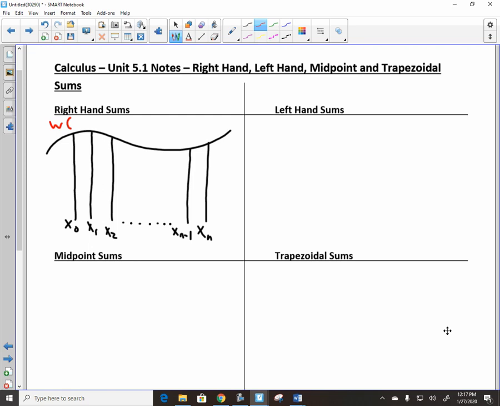If I want to find the first height, do I type in x sub 0 or x sub 1? x sub 1, we've always gone to the right, correct? So it'll be f of x sub 1 plus f of x sub 2 plus dot, dot, dot, plus what would be the last one? Yep, f of x sub n.